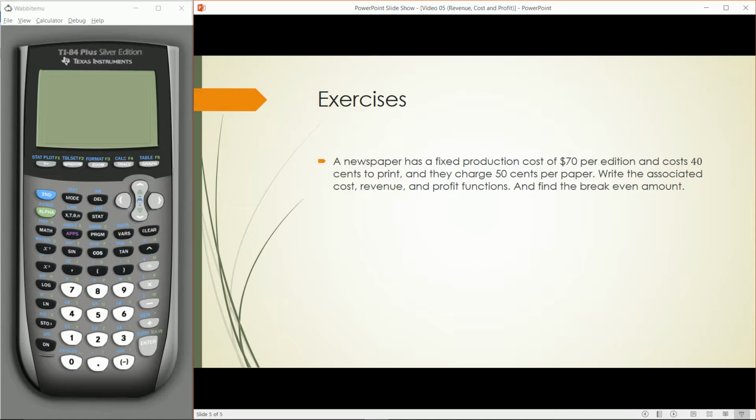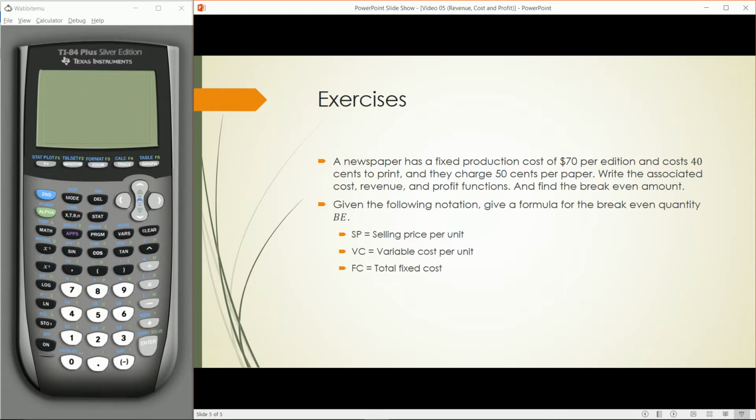This is where the cost and the revenue are the same thing. Further, given the following notation, I want you to find a formula for the break-even quantity, which we're going to call BE, based off of the selling price per unit, the variable cost per unit, and the total fixed cost.